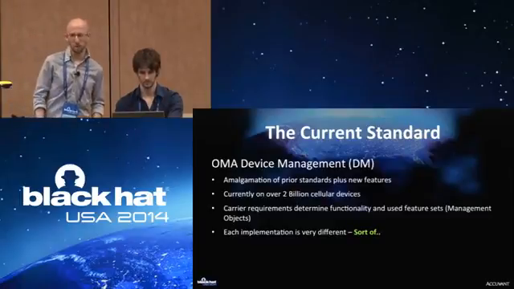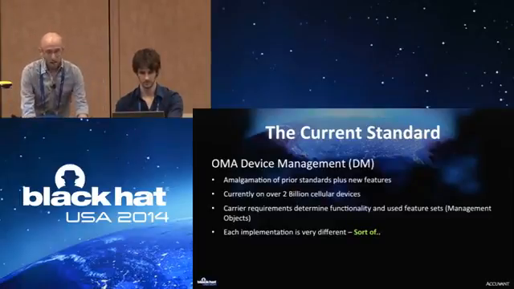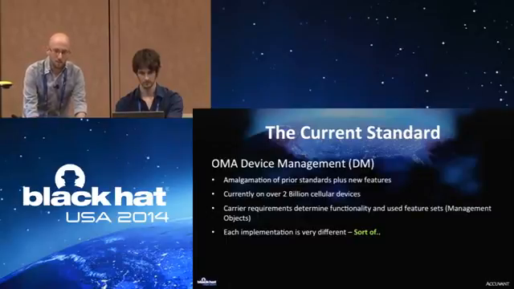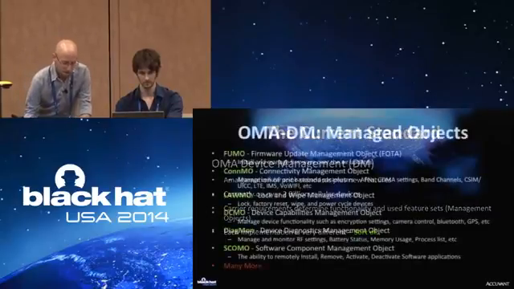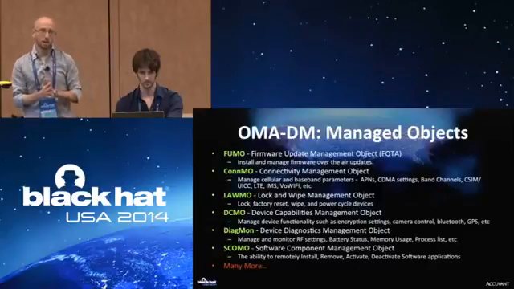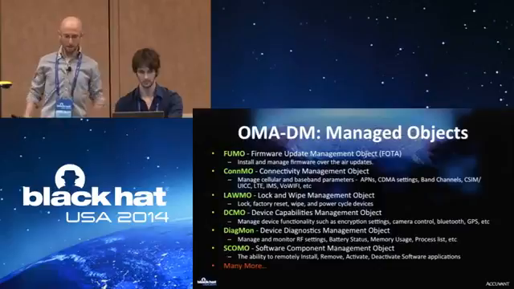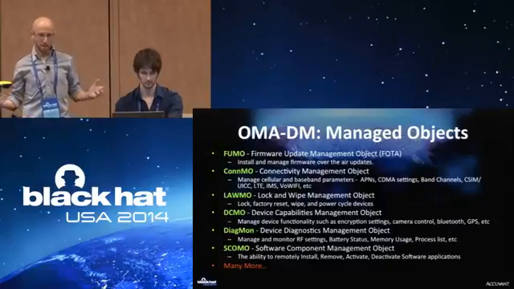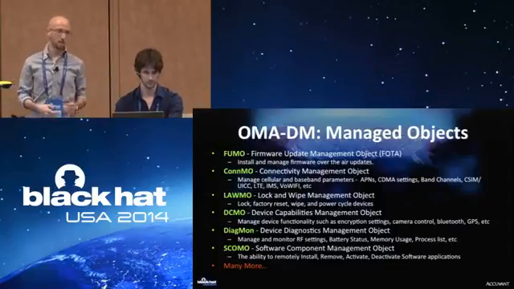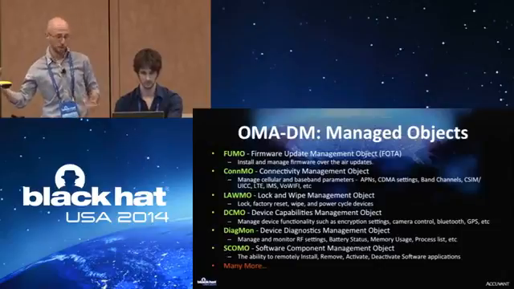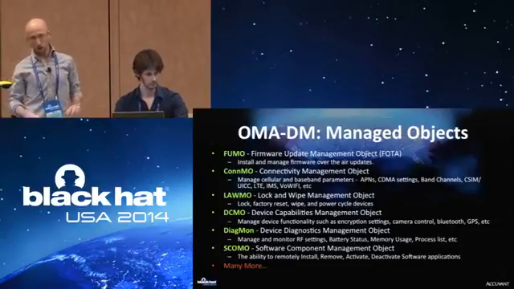Sometimes a little bit more. And each implementation is different, sort of. So in OMA device management, we have what are called management objects, which provide different feature sets. The carriers will say, I want X, Y, or Z, or all of the above.